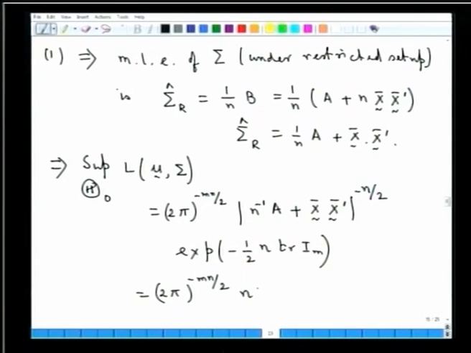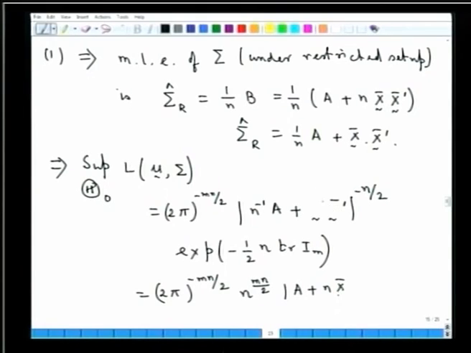N is basically taken out in order to have a similar expression to what we had for the unrestricted maximized likelihood. So this will be n raised to the power mn by 2, and that leaves us with this A plus n times x bar. Now this x bar is going to be small x bar because we have got the data here.